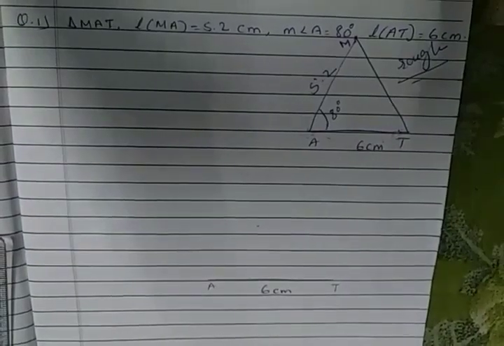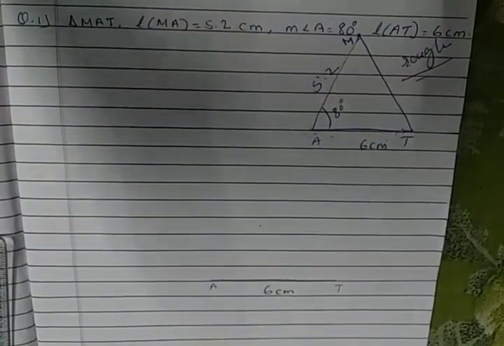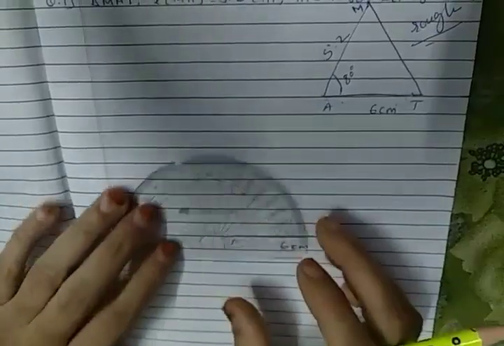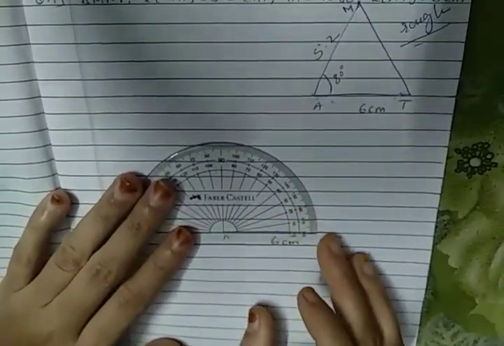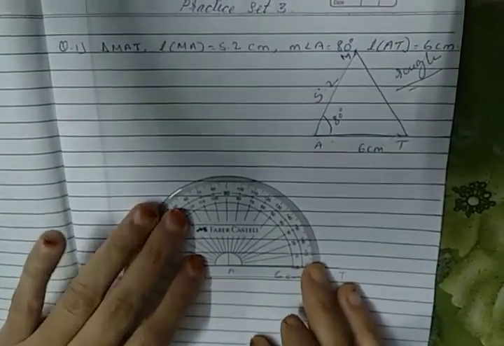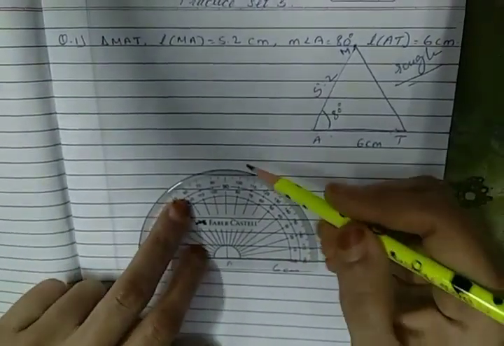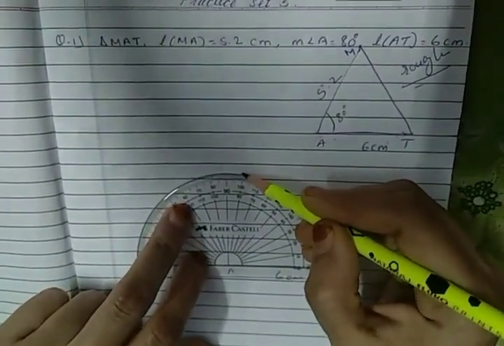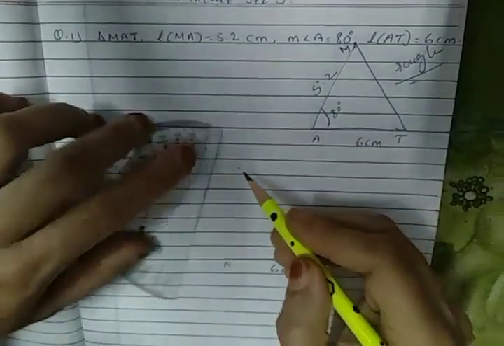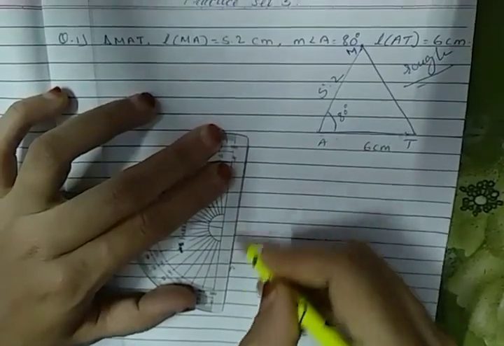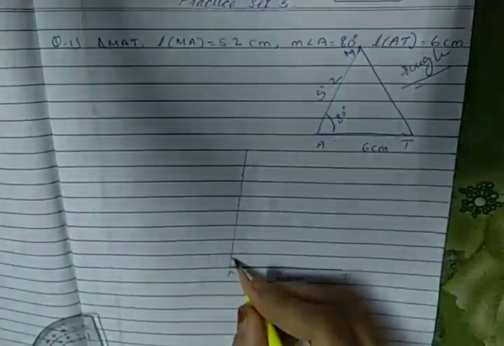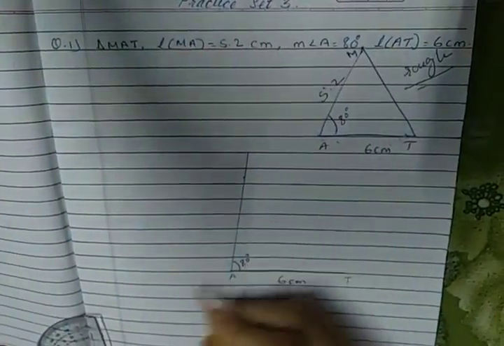So we will use this protractor and keep this protractor on point A and make the 80 degree mark. Then join it. This will be 80 degree.